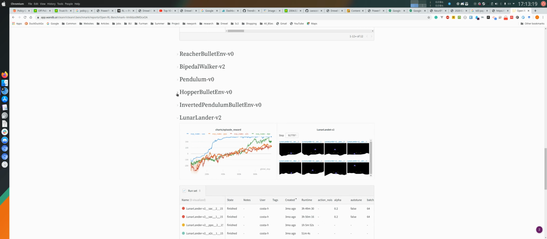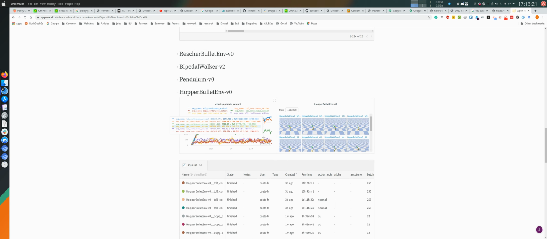So that's for Hopper, where I believe TD3 still achieves the same state of the art results, and it also appears to be not very sensitive towards different random seeds.